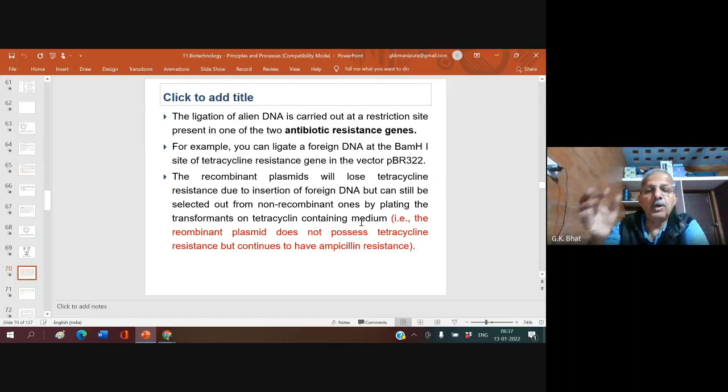If at all we put a transformant on the tetracycline containing medium, what will happen? Whether they will survive or die. If the transformants are put in a tetracycline containing medium, do they survive or do they die?